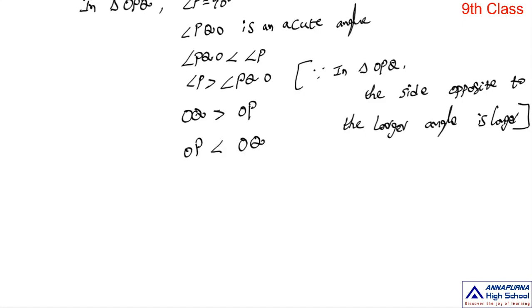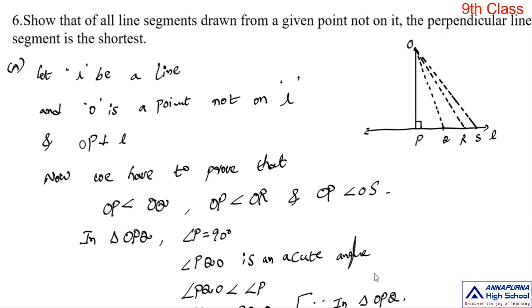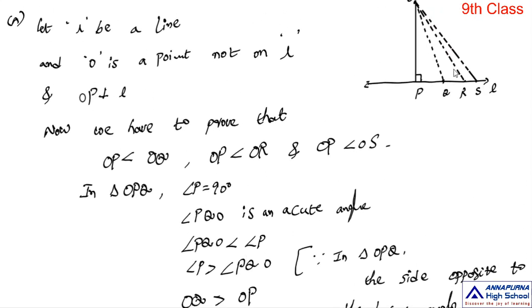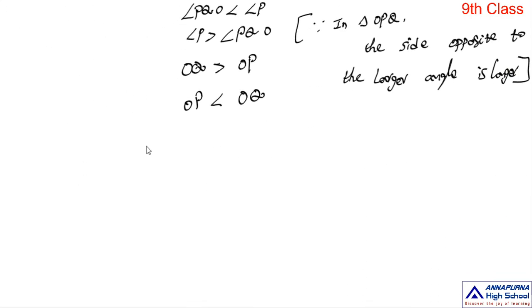So the perpendicular line segment OP is the smallest side compared to the remaining line segments OQ, OR and OS. Similarly, we proved one condition, OP is less than OQ.